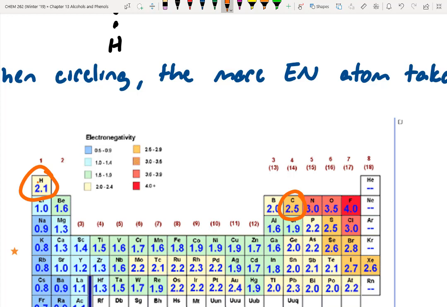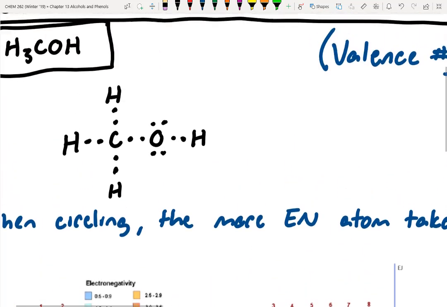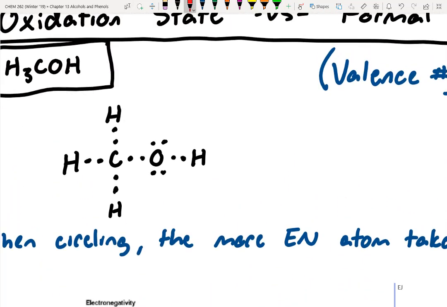Conversely though, oxygen's more electronegative than carbon. So now let's go back up and circle electrons around that carbon. Carbon is more electronegative than hydrogen, so it's going to steal those electrons from each hydrogen, but it's not going to get any of the electrons from the neighboring oxygen.